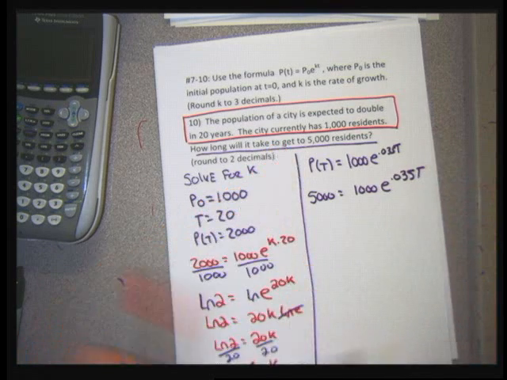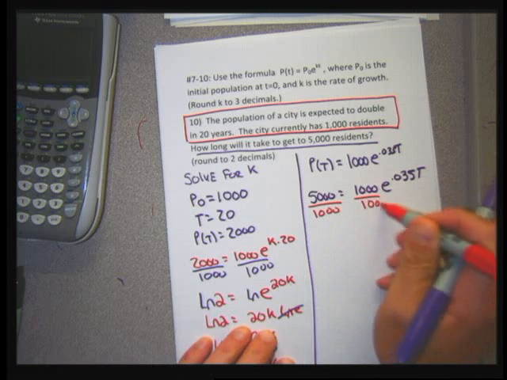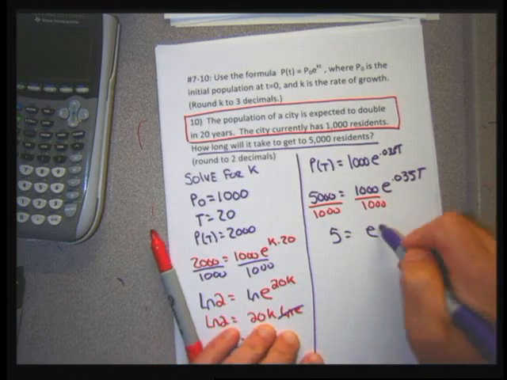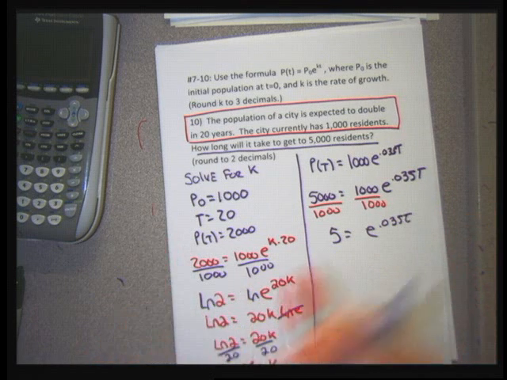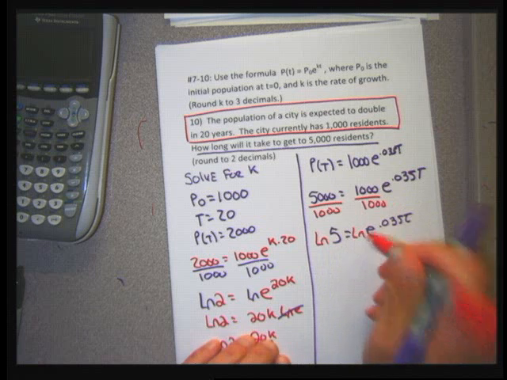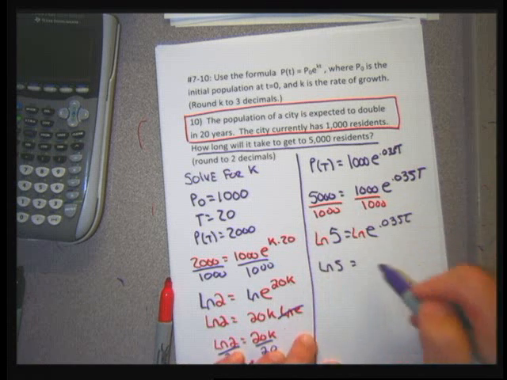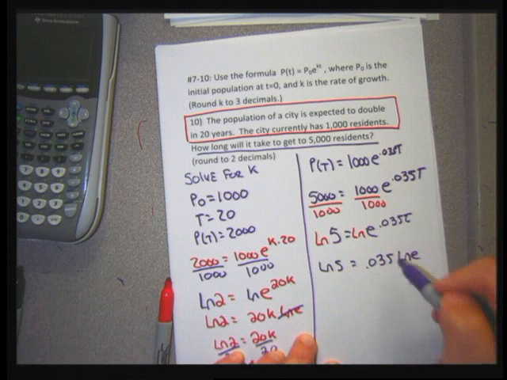To solve this, I divide both sides by 1,000. I get 5 equals e to the 0.035t. Take the natural log of both sides. I get the natural log of 5 equals, and I bring this up front, 0.035 times the natural log of e, 0.035t times the natural log of e.